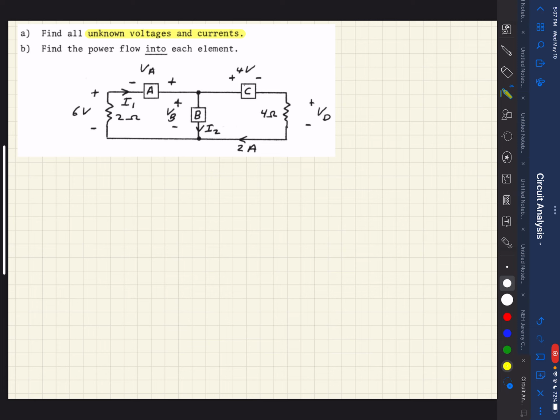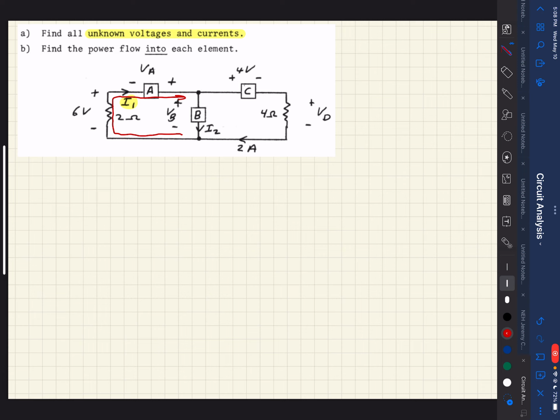So the first thing we notice is we have I1 here that is an unknown. However, I1 has to travel all along this path here, because there's no other way for current to leave or enter that conducting path.